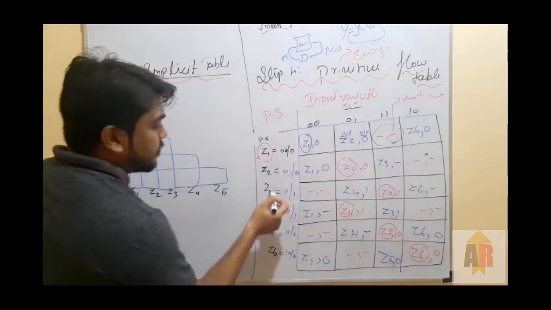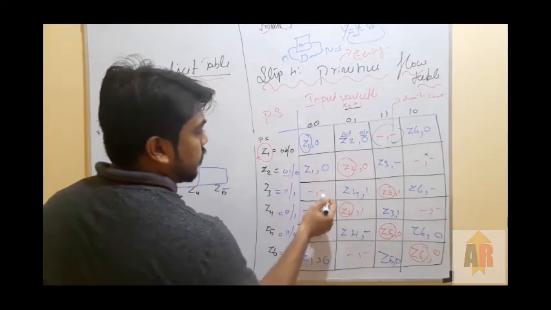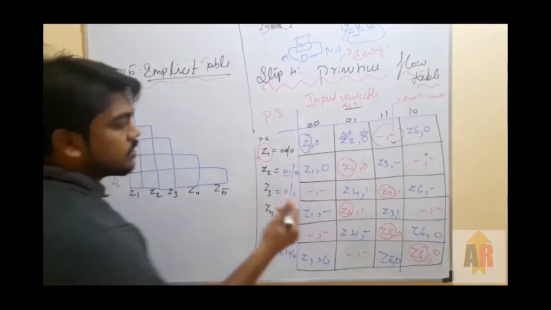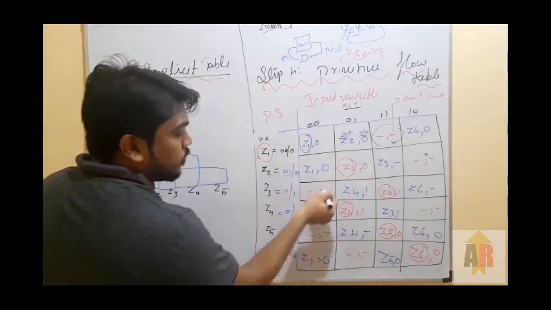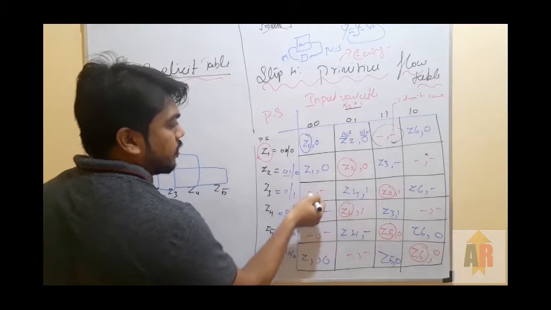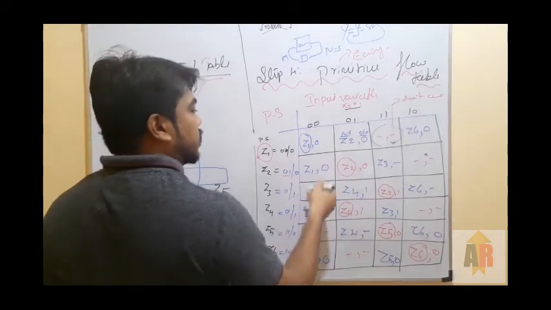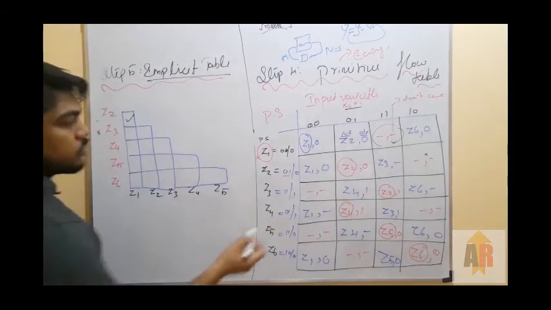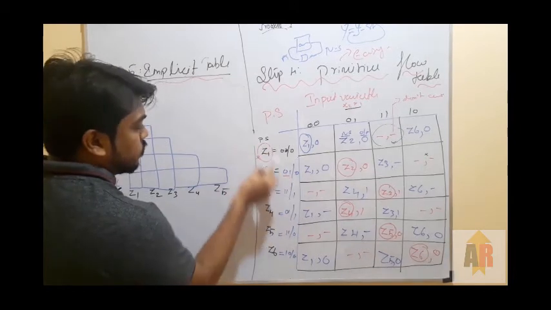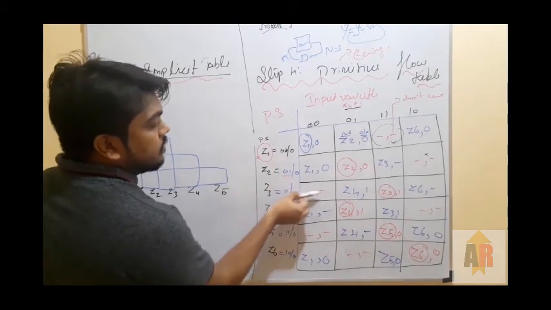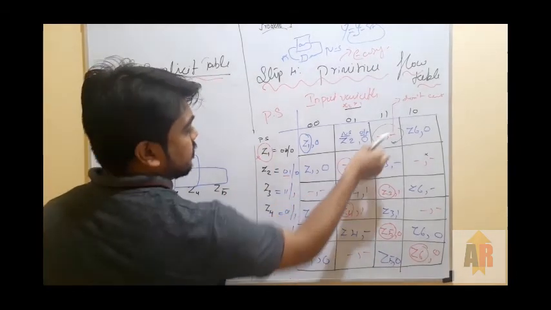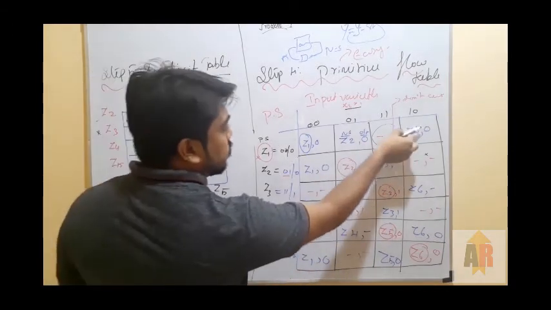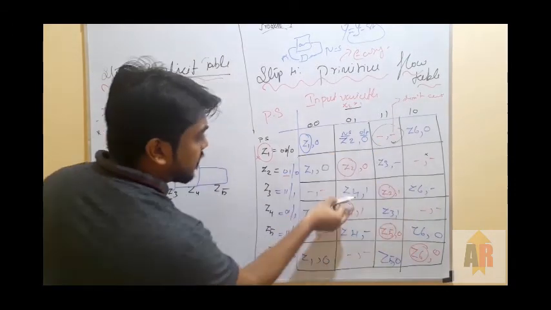Then Z1 with Z3. While comparing in the easiest manner, leave the don't care values, just leave that part and check the remaining things, so it will be easier. When I compare Z1 with Z3, I will leave this part and check whether these two are same. Here there is no issue, but here there is an issue.